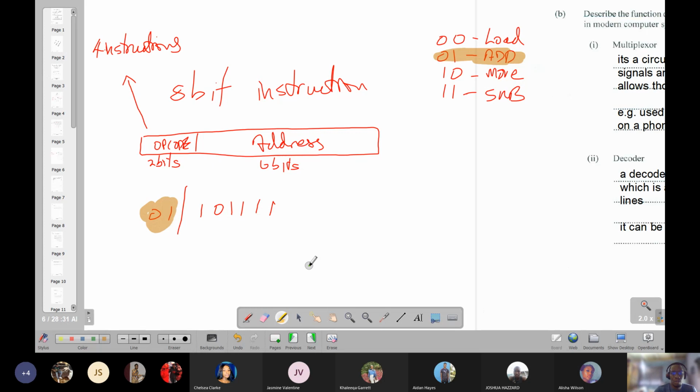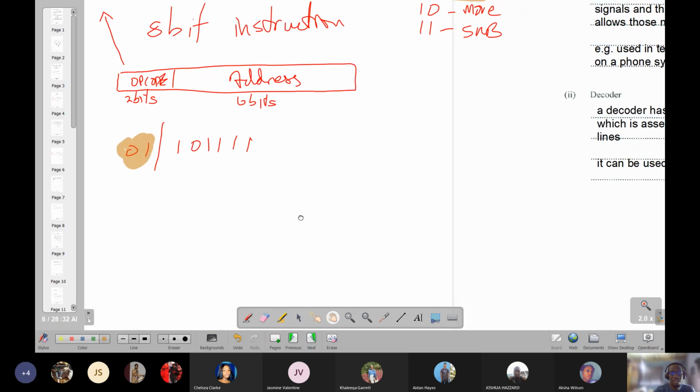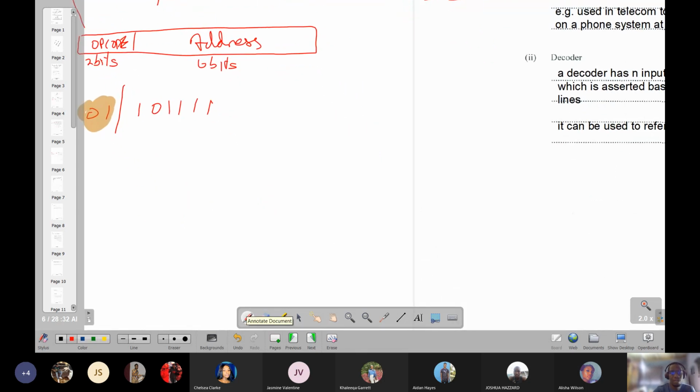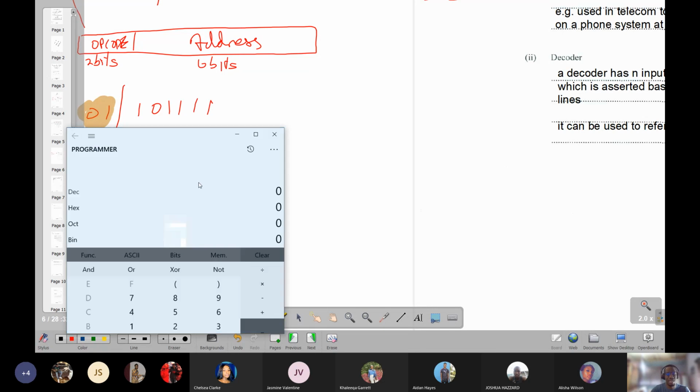Okay, and now if we have 6 bits for the address, what does that tell us? 6 bits for the address could tell me that I have 32 slots, 1, 2, 4, 8, 16, 32, or sorry, 64 slots in my memory.